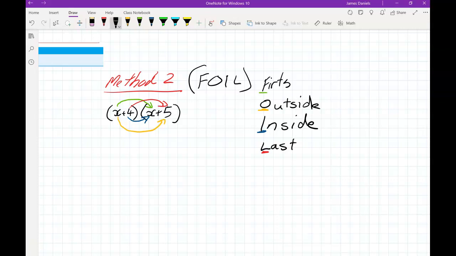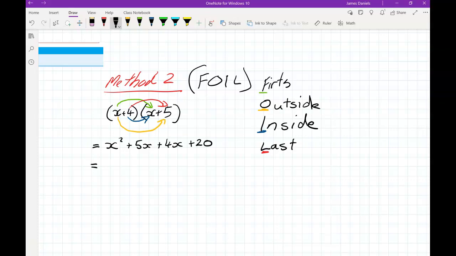Let's start building and completing those computations. Firsts. The first I have x multiplied by x, x squared. Let's look at the outside, x times positive 5. Then the second one is the inside terms, positive 4 and x. And the last, obviously the last one for L is last, which is the positive 4 times positive 5, which is 20.